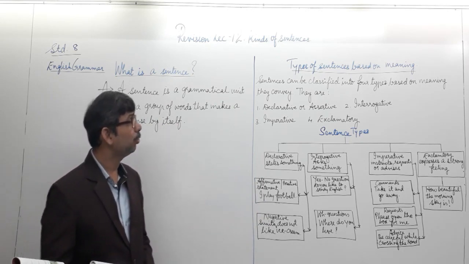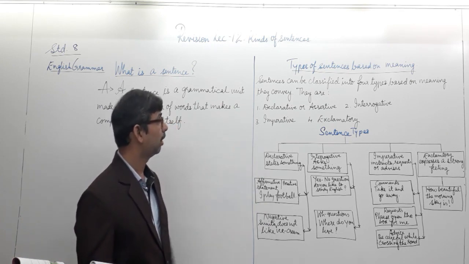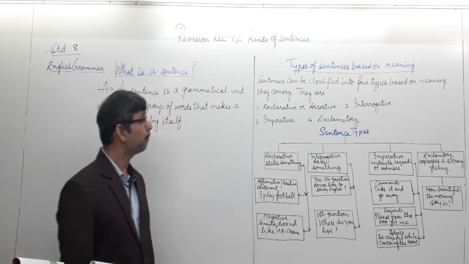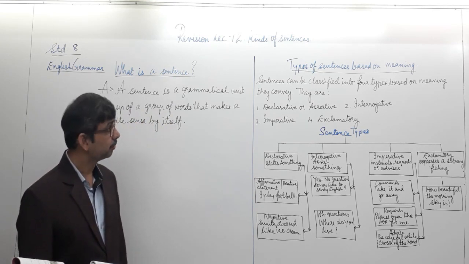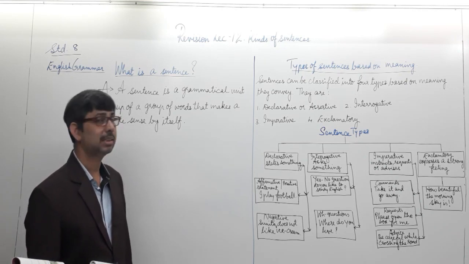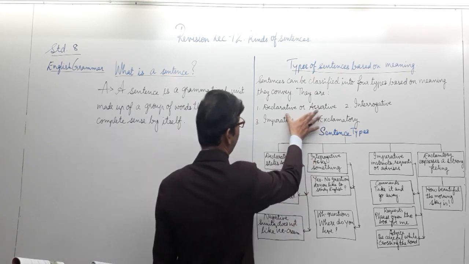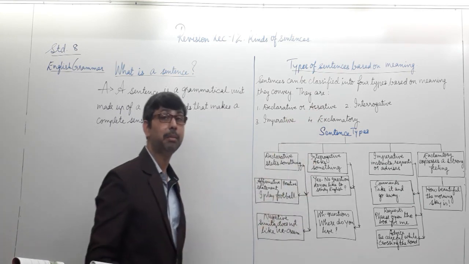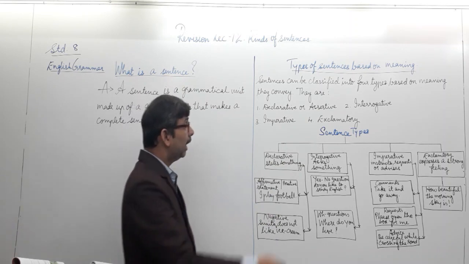Sentences can be classified into four types based on the meanings they convey. They have these names: declarative or assertive, interrogative, imperative, and exclamatory. Well, these are the four types. Declarative or assertive, what we regard as simple statements, something that is stated.